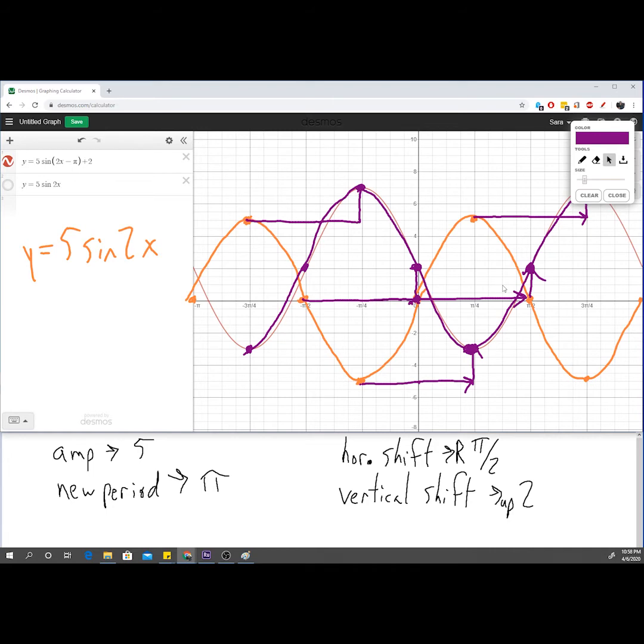Now again, I'm going to have you practice drawing out a couple of these on your own, because it helps you to understand a little bit better what each piece means, what amplitude means, what new period means, especially new period, because that one is just so different from what we've done before.